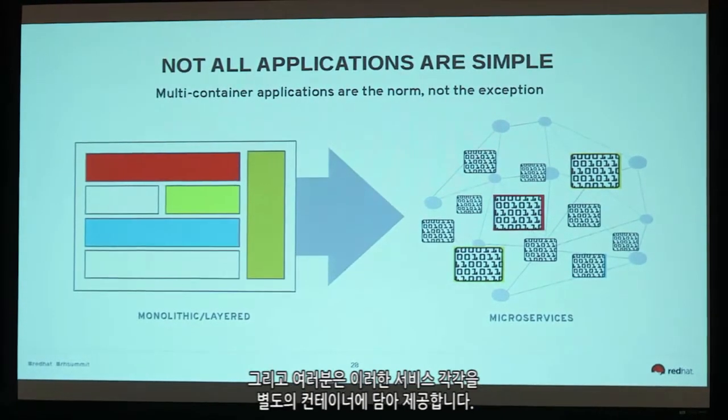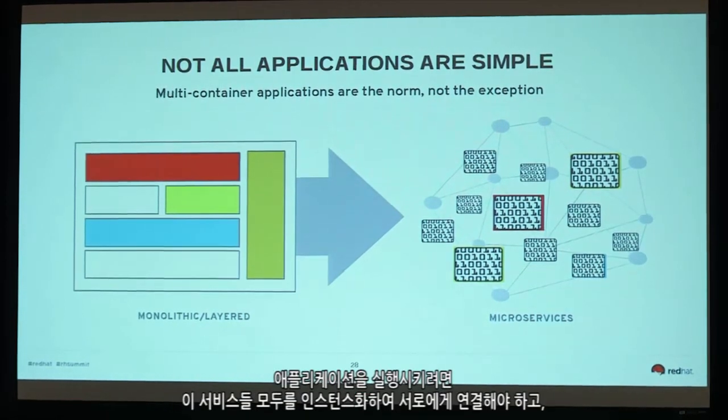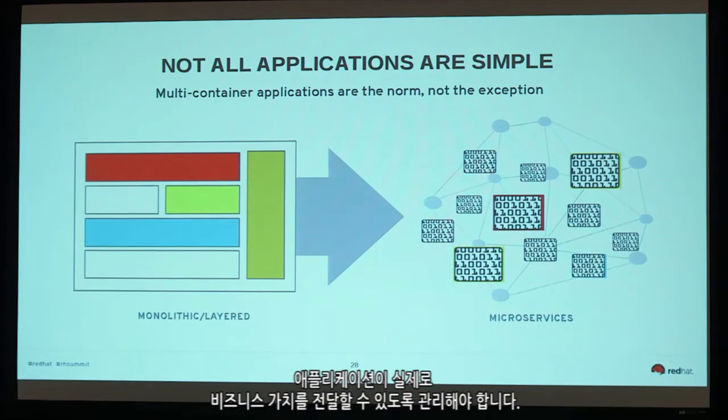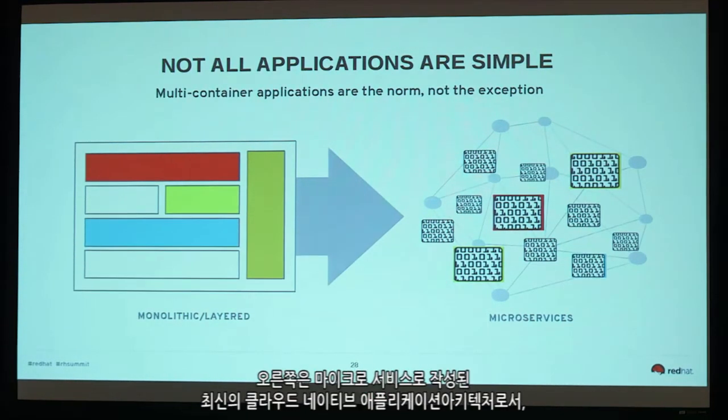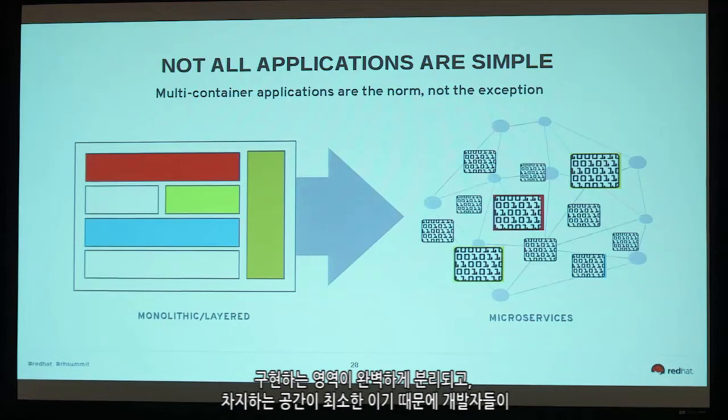And you would deliver each of these services in a separate container. If you want to run that application, now all these services need to be instantiated, connected to each other, and managed in order for the application to actually deliver the business value. On the right side, you see the modern architecture of cloud-native applications written in microservices.